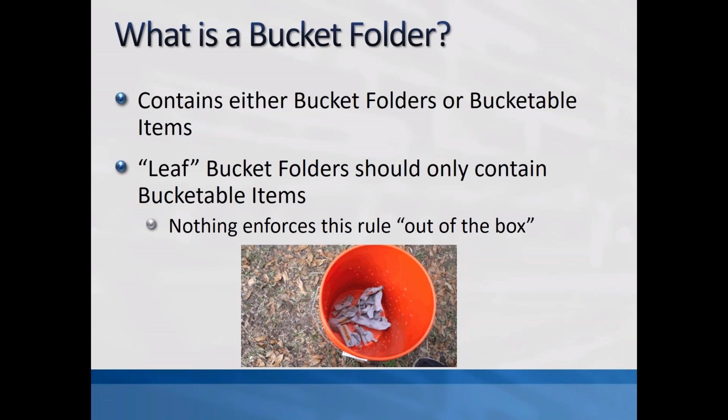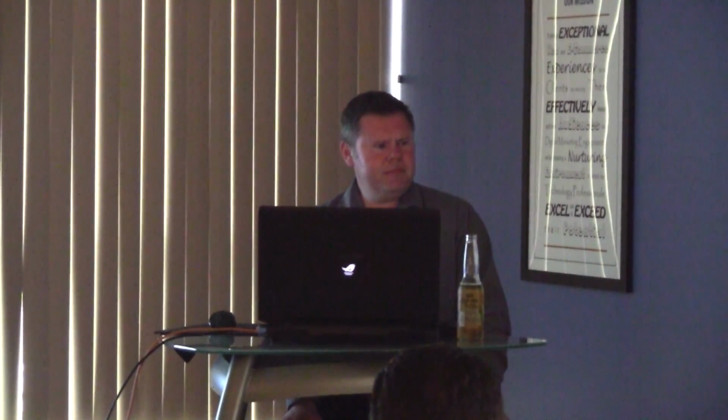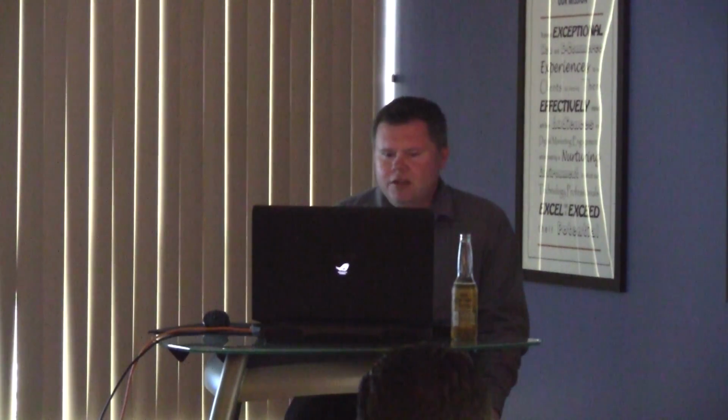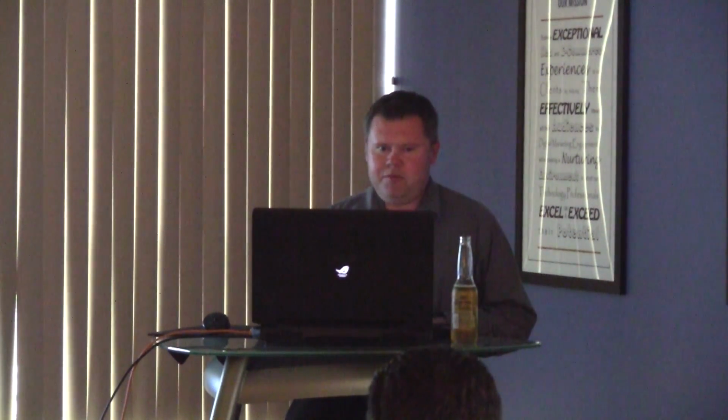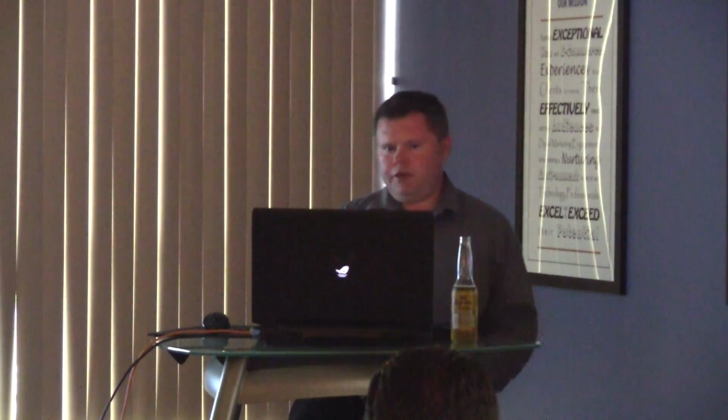I'm just going to name off some definitions in case you guys are familiar with it. What is a bucket folder? Guess what? It's an item. Everything's an item. It can contain either bucket folders or bucketable items. If you have a computer science education, you probably learned about leaves, branches and tree structures.